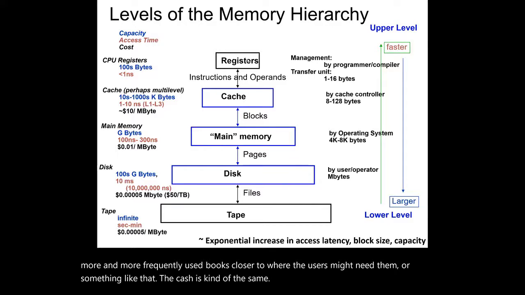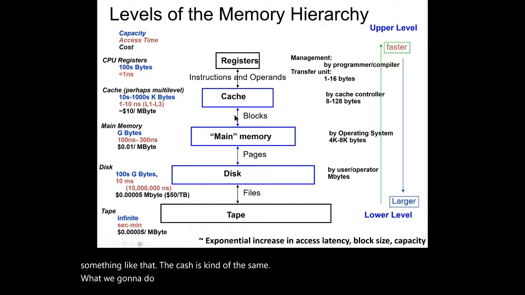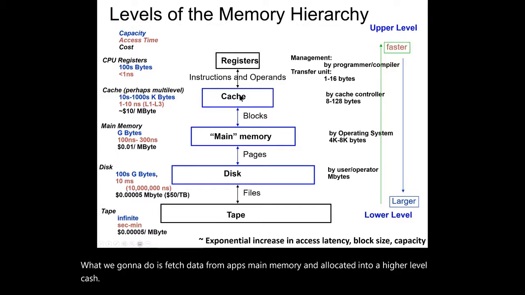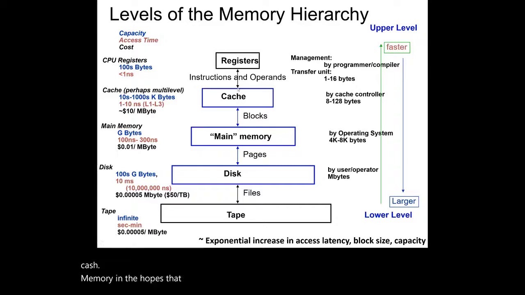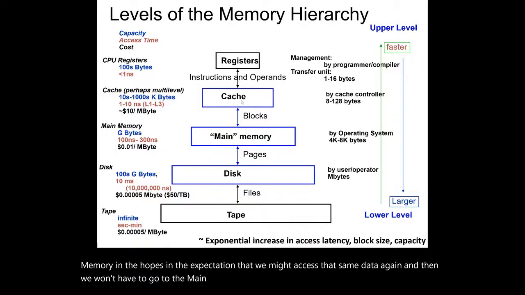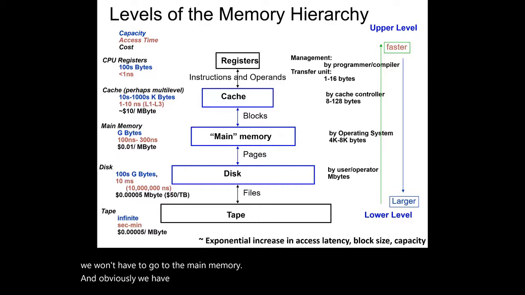What we're going to do is fetch data from perhaps main memory and allocate it into a higher level cache memory in the expectation that we might access that same data again, and then we won't have to go to the main memory. Obviously we have an issue with the limited capacity of this cache. We might also think about the access time.